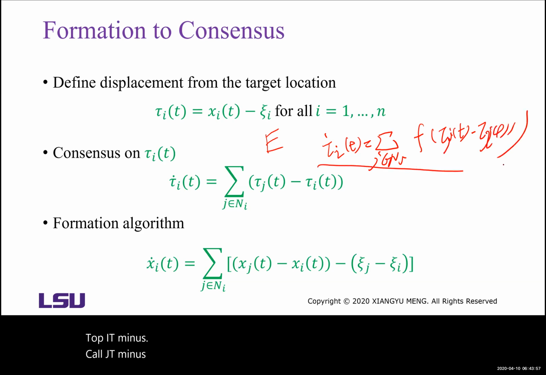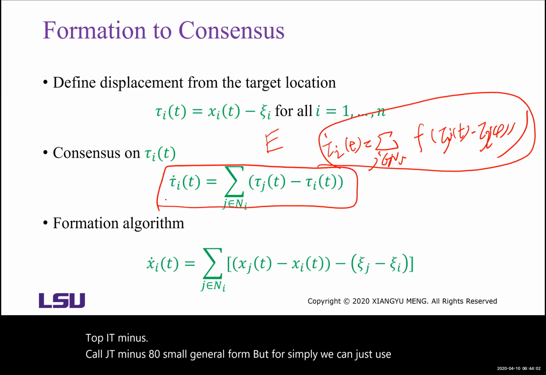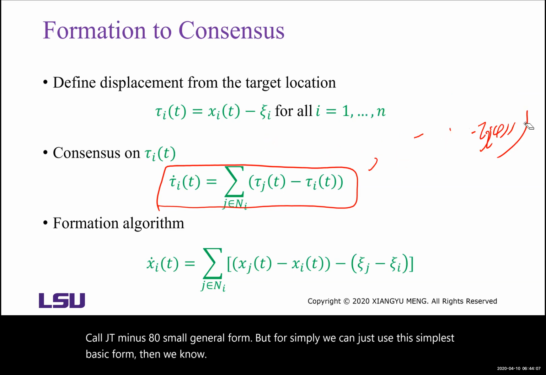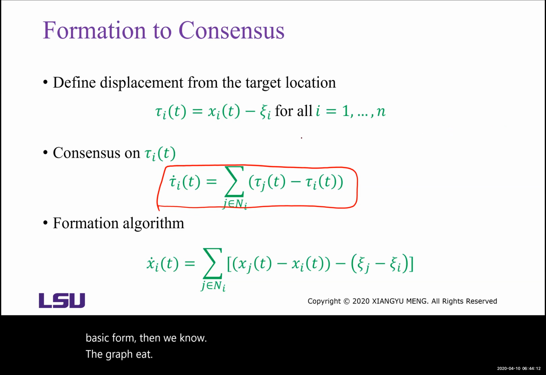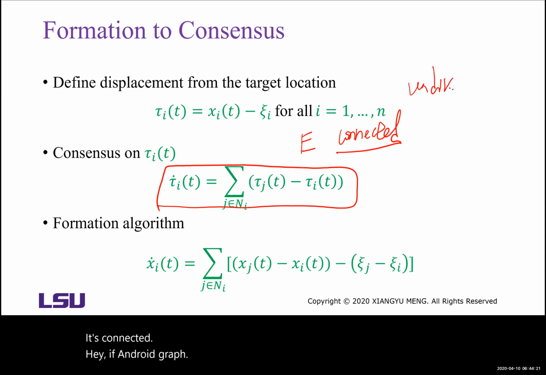This is the more general form, but for simplicity, we can just use the basic form. Then we know if the graph E is connected, if it's an undirected graph, all the tau i(t) will converge to a constant tau.